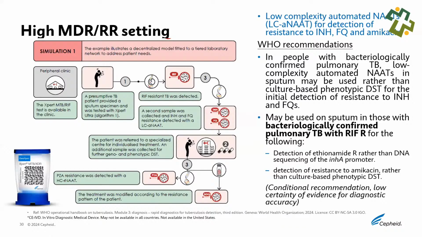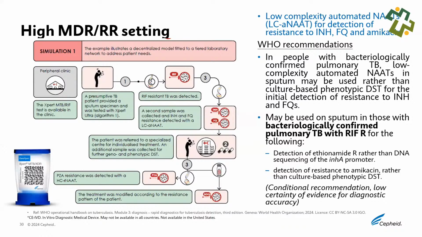Once the MTB RIF is positive, you can reflex and check on the other antibiotics that the patient is actually resistant to, so that it can inform if you need to go on second line, whether the patient is also resistant to second line or not. So this is one of the clinical pathways that talks to the high MDR or rifampicin resistant settings.